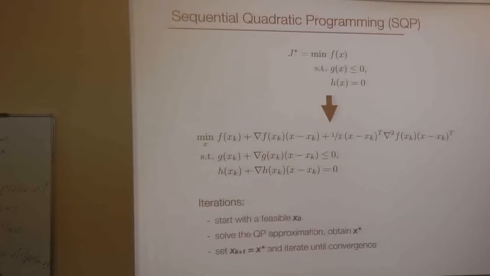Okay? So we start with some feasible initial point, such that it satisfies constraints. We solve this approximation with respect to x, and we find the new solution. And if it is good enough, we abort. If it is not good enough, then we just set it as the new linearization point for the next iteration, and we just repeat. Okay? So far it's quite easy.